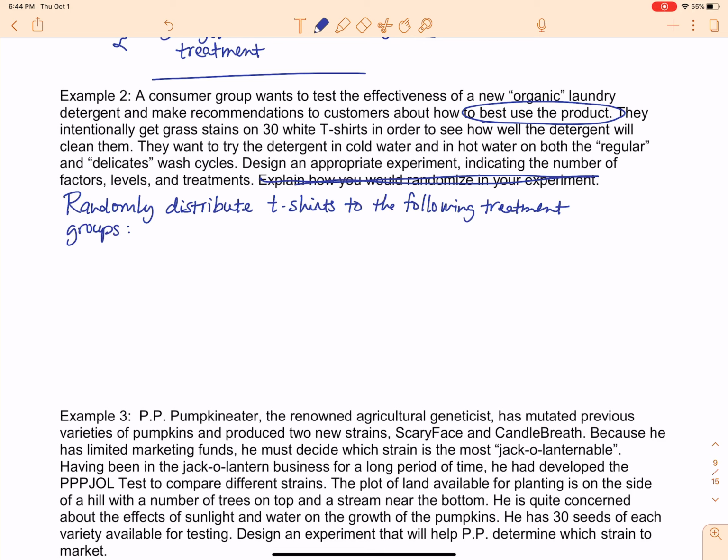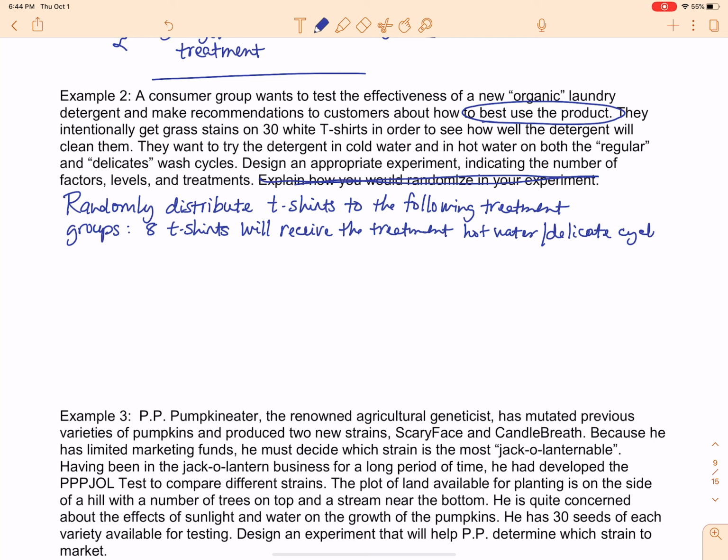I will choose 8 t-shirts, randomly, of course. They will receive the treatment hot water, delicate cycle.